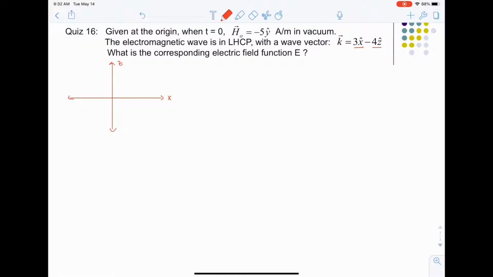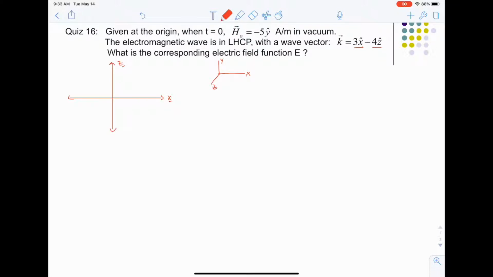We know x is here and z is here because if we use the right hand rule for axes, we put our right thumb to the right, this is our x axis, and our right index finger pointing up is our y direction, and our middle finger pointing towards us is our z direction.